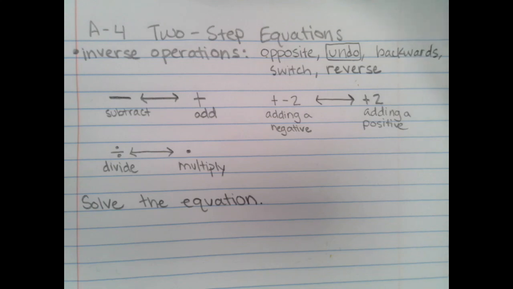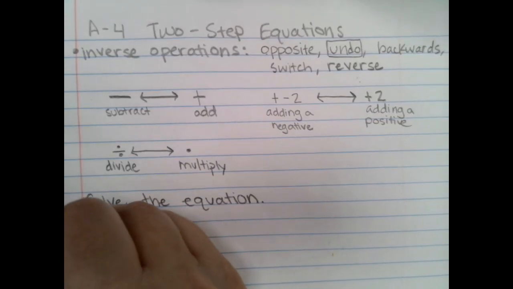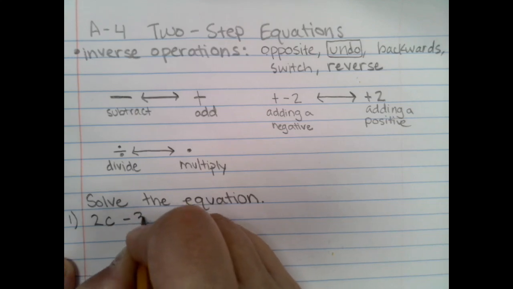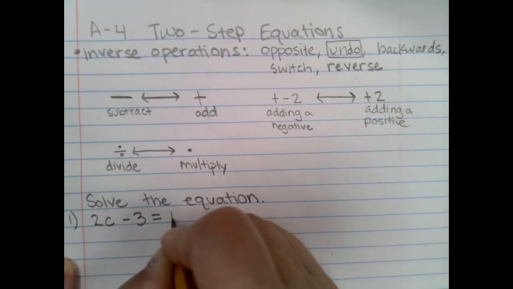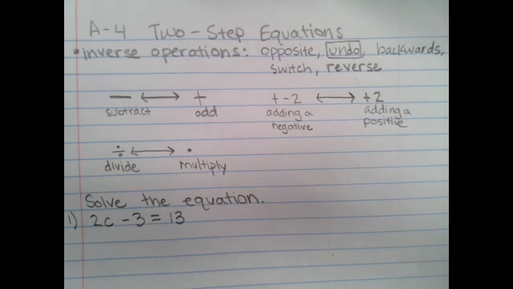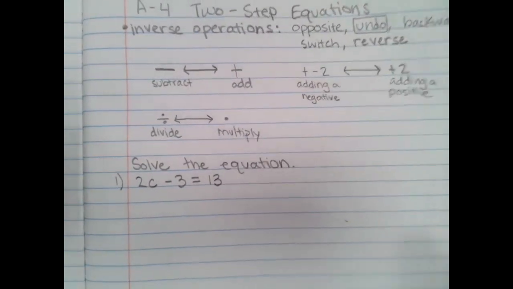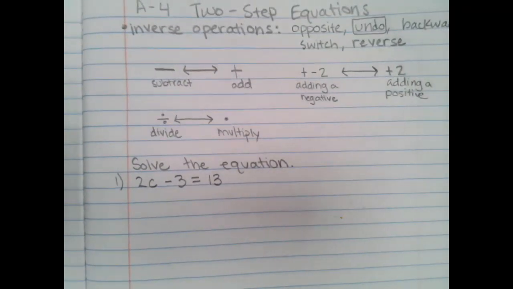All right, so for our first example, we have 2c minus 3 equals 13. Two c minus 3 equals 13.